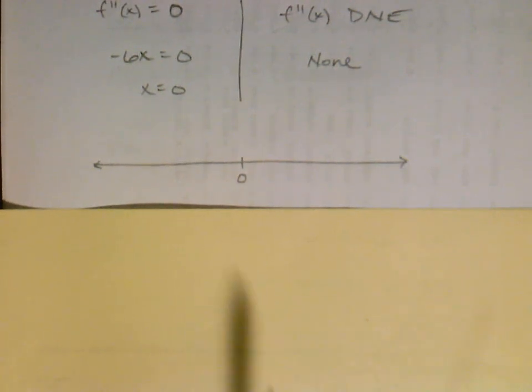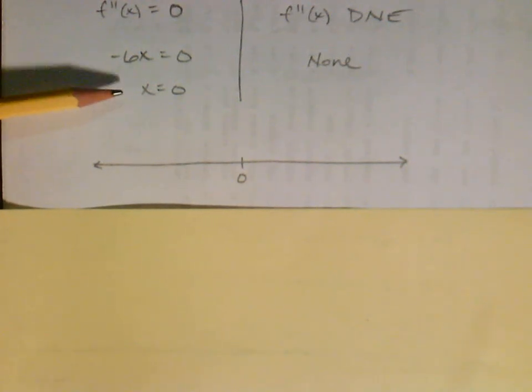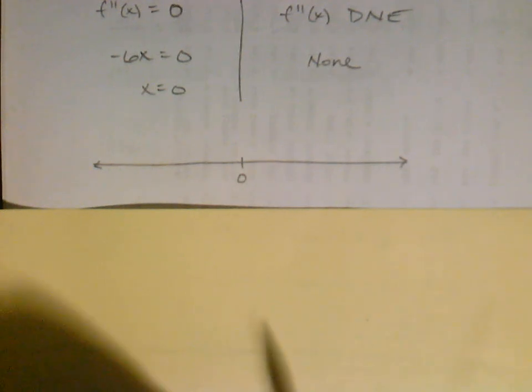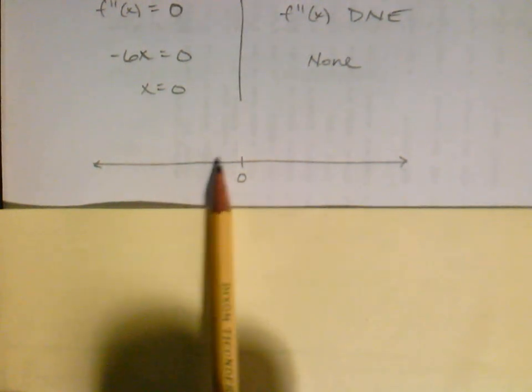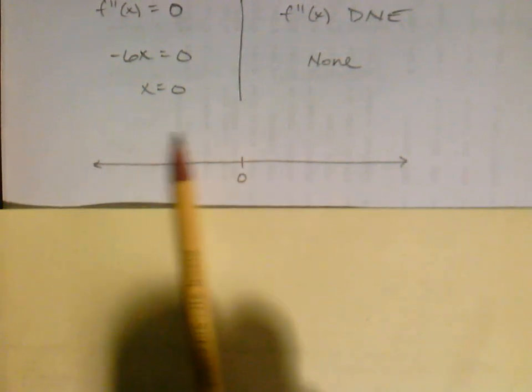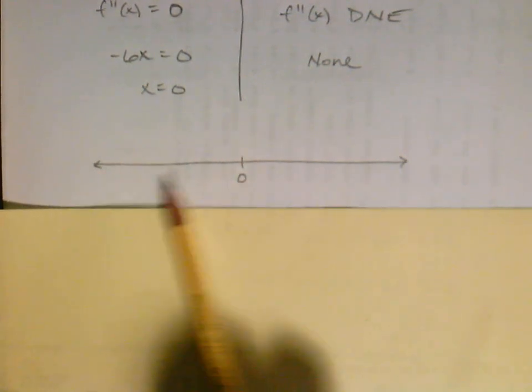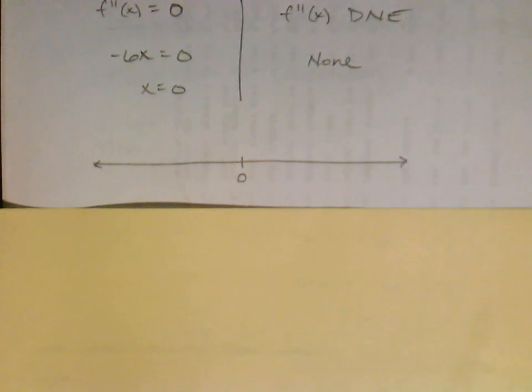And I only need to mark that one location for my one solution to where the second derivative equaled 0. So I'll mark 0. And we can tell that this has cut the domain into these two intervals, and it just so happens to be the negative numbers and the positive numbers.